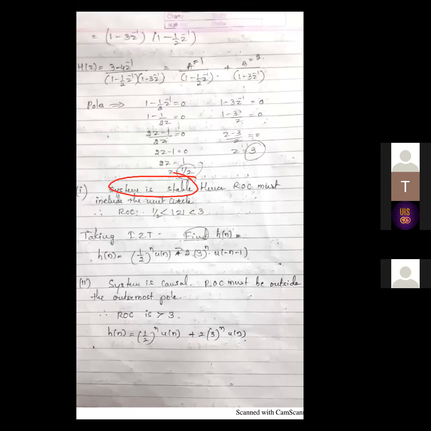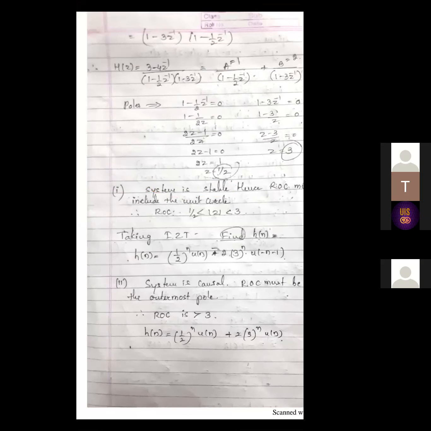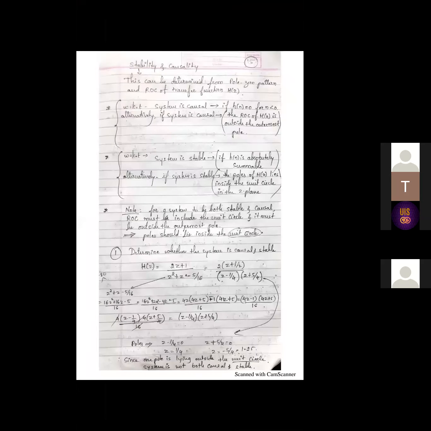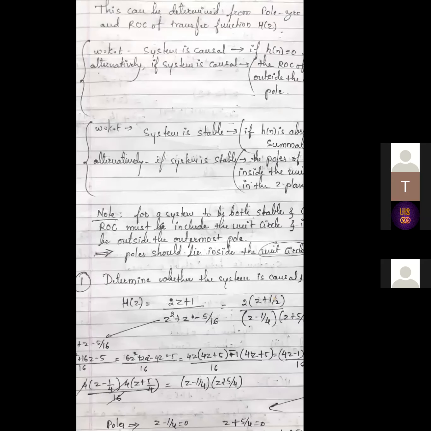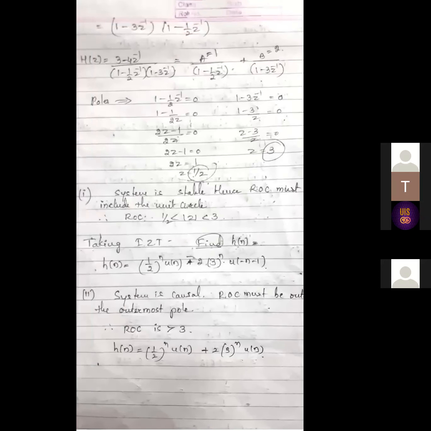The first one is stability. For stability, the poles lie inside the unit circle, so the ROC must include the unit circle.